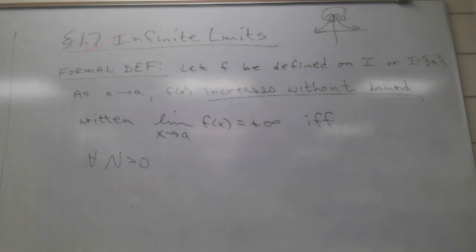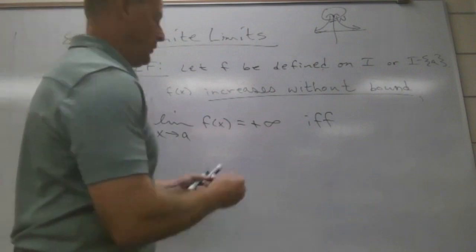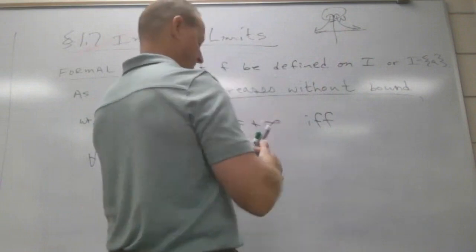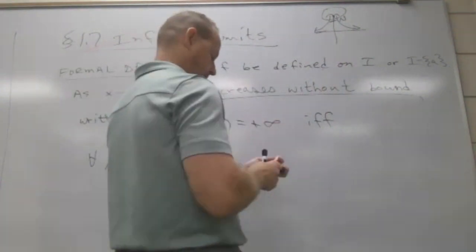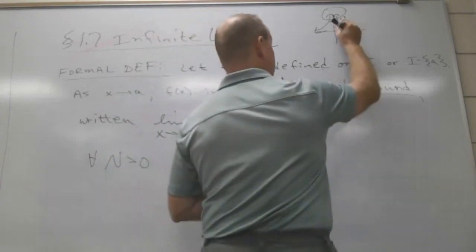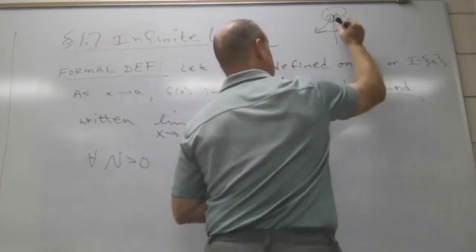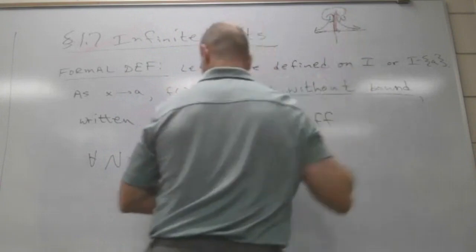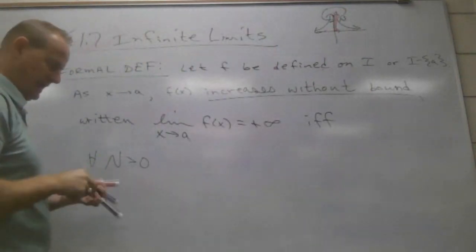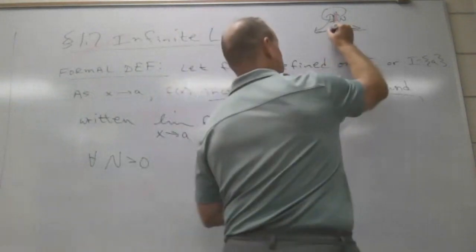And then what do I want all my outputs to do? When I plug in, what am I going to want? Bigger number. Yeah. So if I plug in on the right side, I want it to shoot above that. Okay? So there exists a delta, and I also want that on the left side.